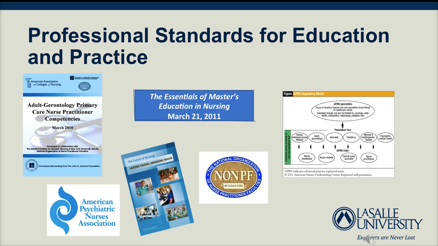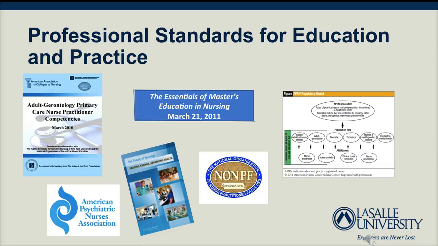Our curricula are developed based on professional standards for education and practice, and I have identified some of them here. The American Association of Colleges of Nursing, their competencies and standards for curriculum direct how we set up our courses.